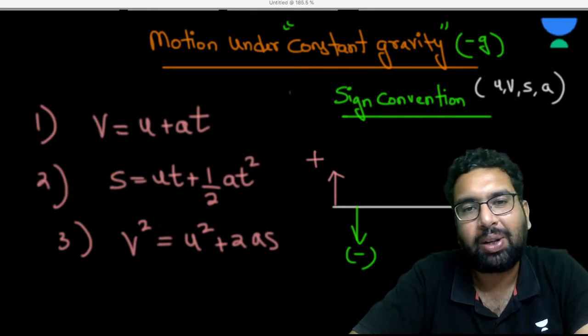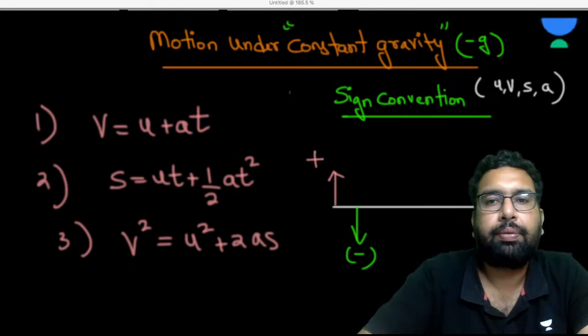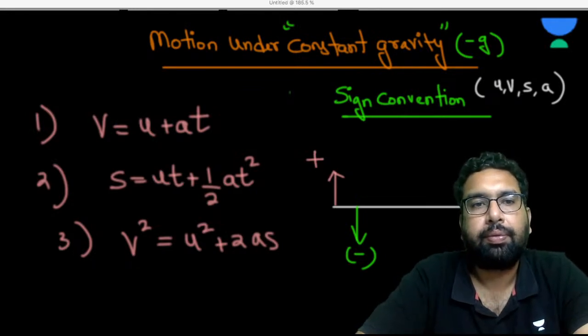That is the only thing in this particular equation. So let's try to do it with the help of some questions. Let's try to solve one or two questions. You will be able to understand it very easily.